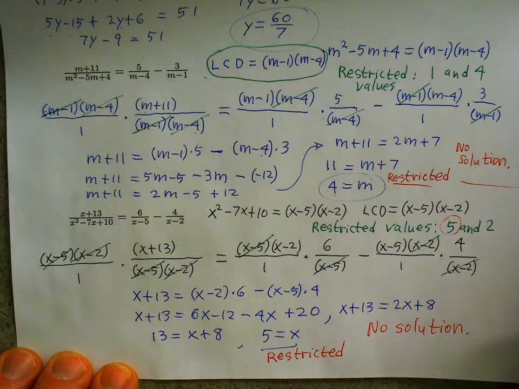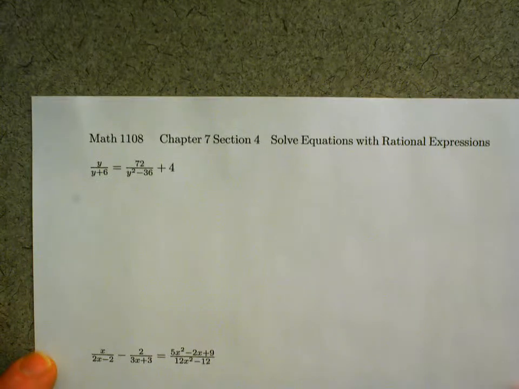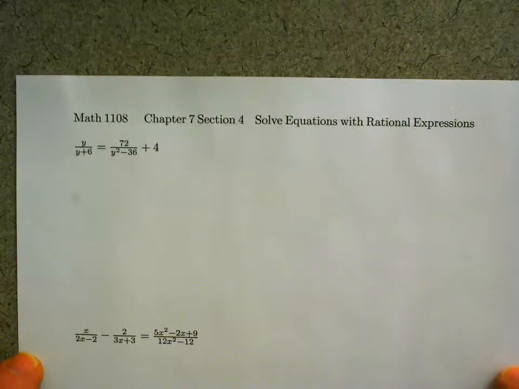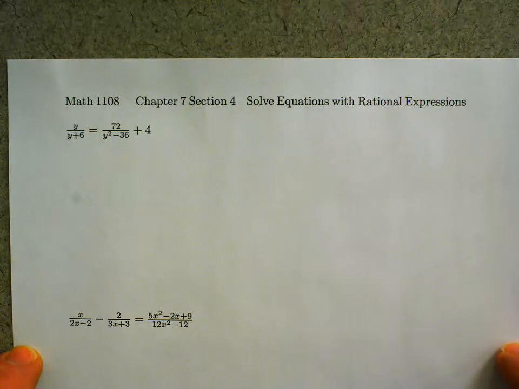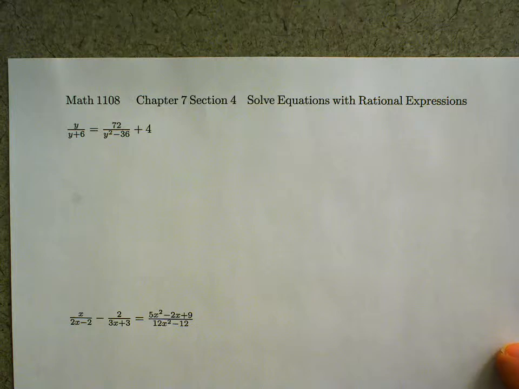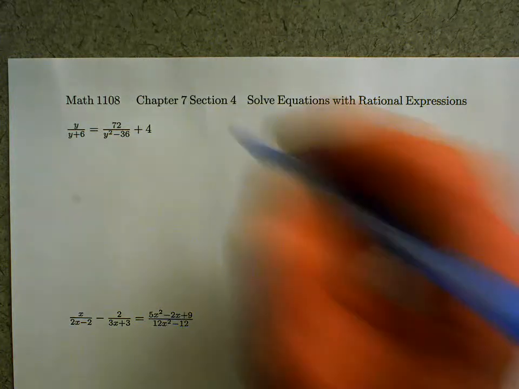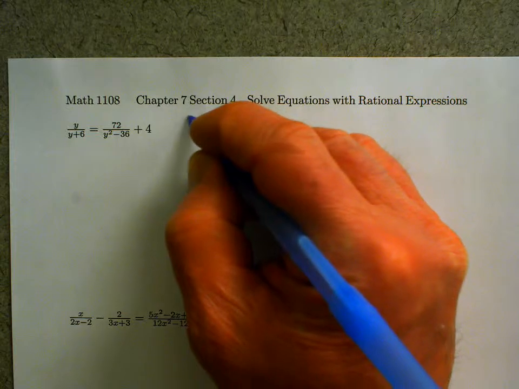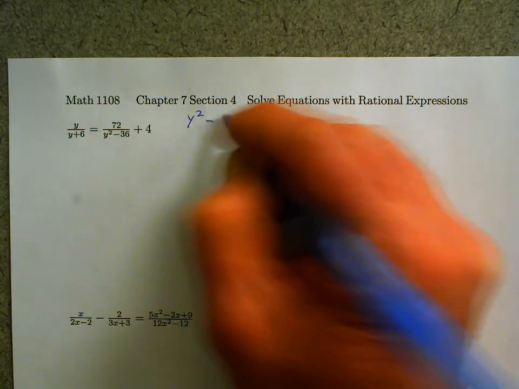Okay, let's look on the next page. Here we have y over y plus 6 equals 72 over y squared minus 36 plus 4. So this denominator, y squared minus 36, that's a difference of squares.